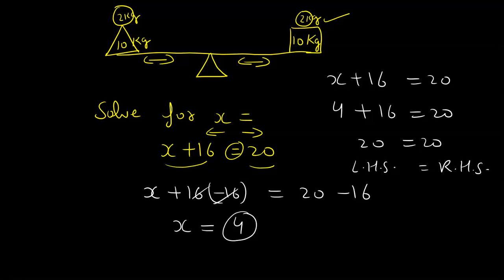That is a very basic example. Let me give you one more example. Okay, we have here x plus 0.3 is equal to 1.2. So over here we will do the same thing, because we want to isolate x. We want to solve for x.